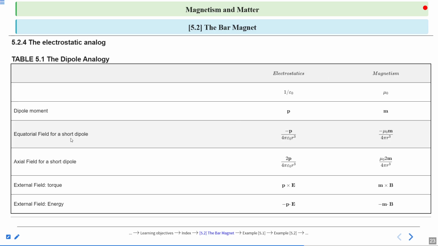So the equatorial field for a short dipole, or we can say at a large distance, is minus P upon 4 pi epsilon naught r cube for electrostatics, and minus mu naught M upon 4 pi r cube for magnetism.